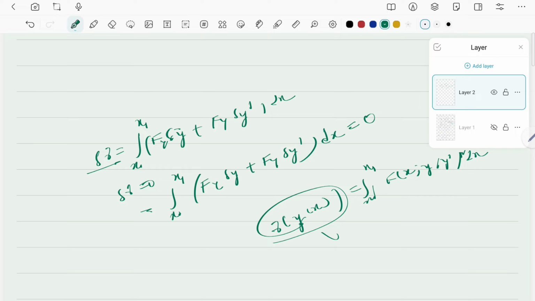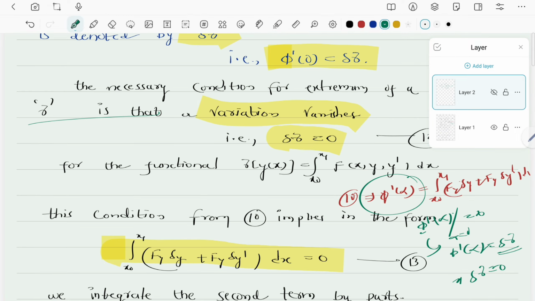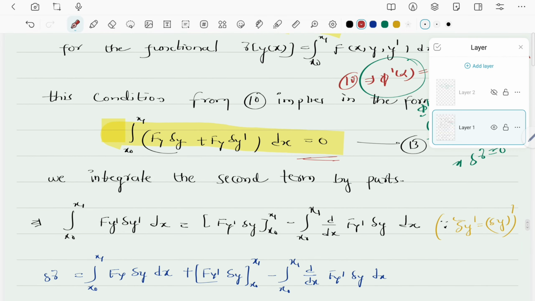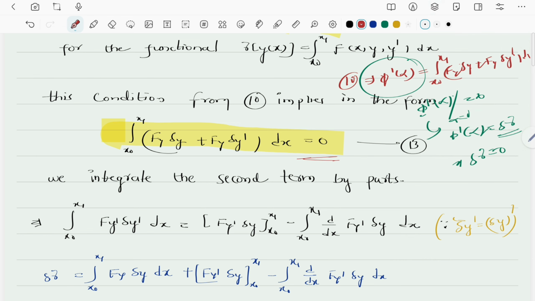Here we are equating the integral from x0 to x1 of fy into delta y plus fy dash into delta y dash, into dx to 0. From equation 13, we integrate the second term by parts.